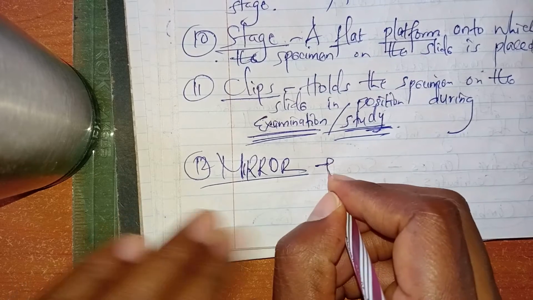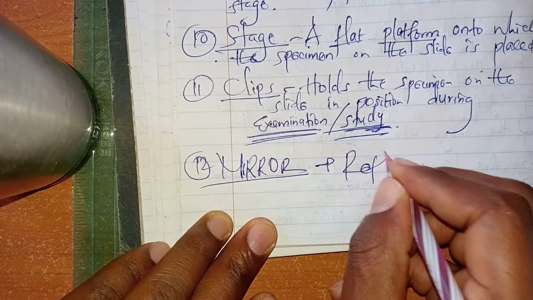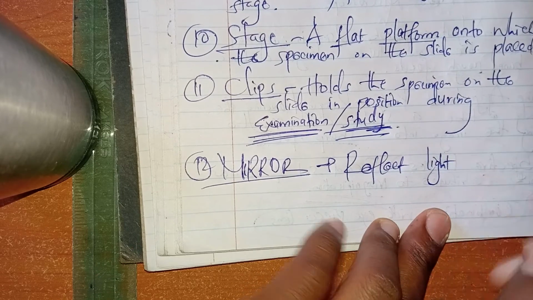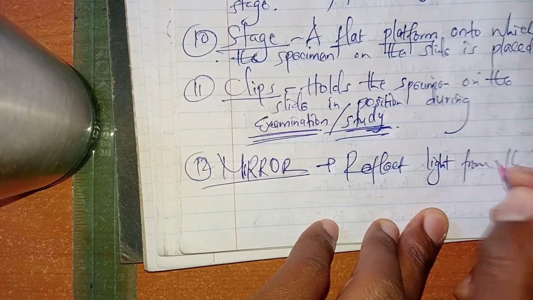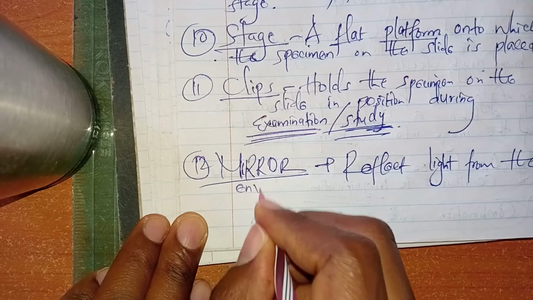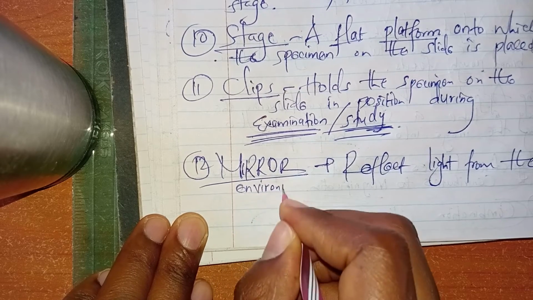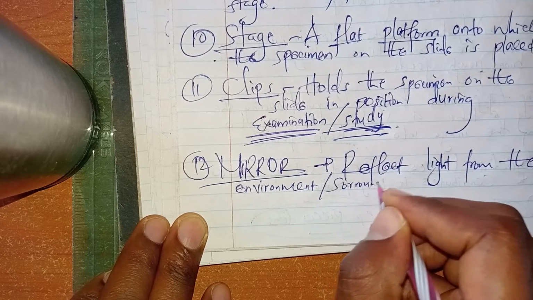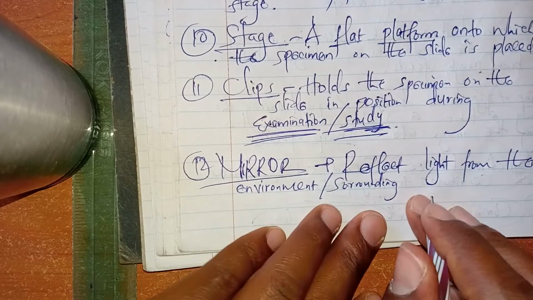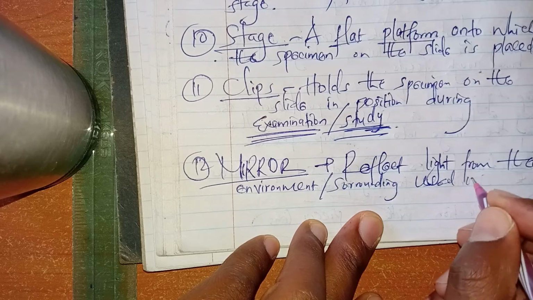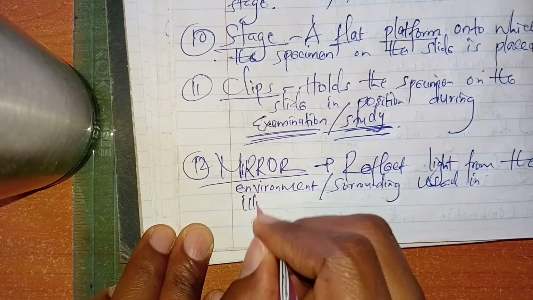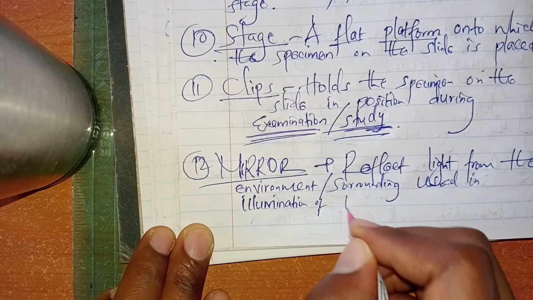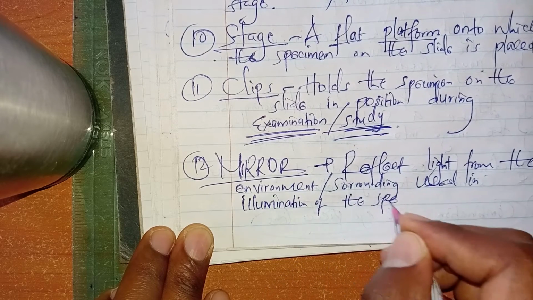A mirror is used to reflect light from the environment, or surrounding, that is used in illumination of the specimen.